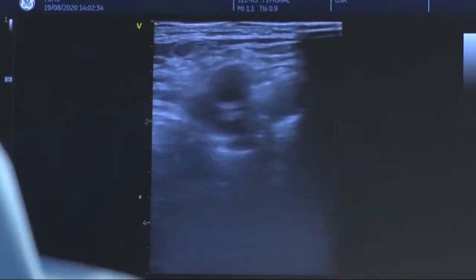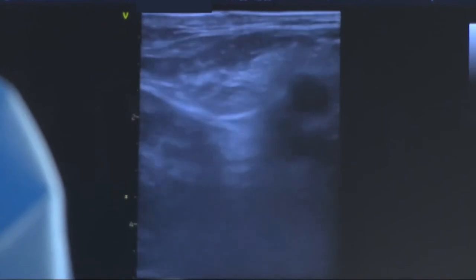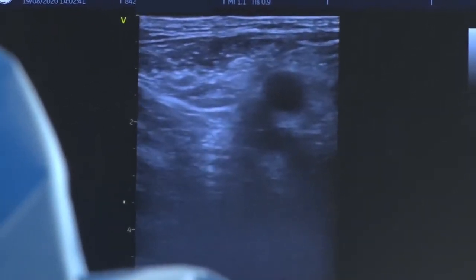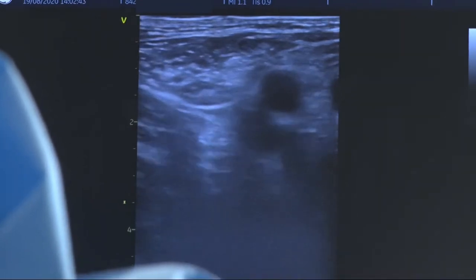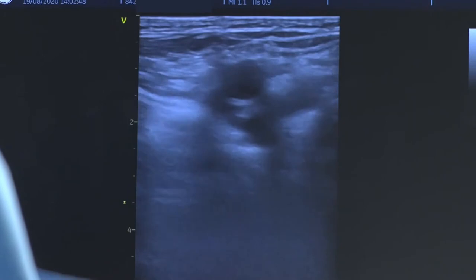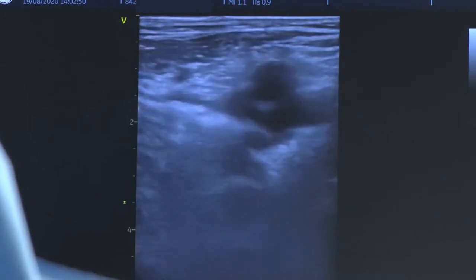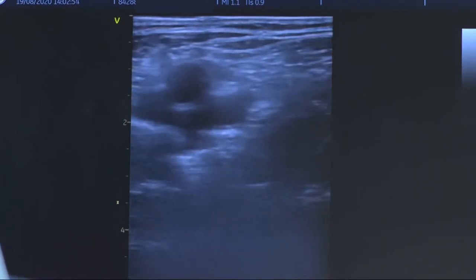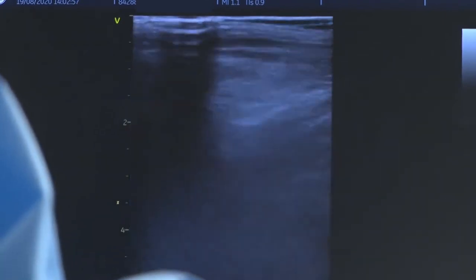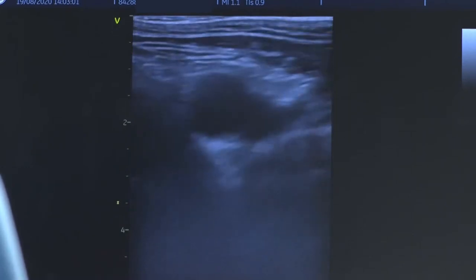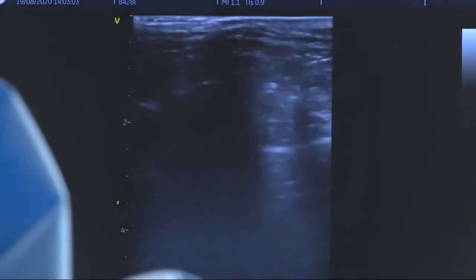Groin complication is not a fatal complication, but it is a very annoying and common complication. So try to reduce groin complications. We are using vascular sonogram when you do femoral vein puncture, and you can differentiate which one is the femoral artery and which one is the femoral vein by compressing the patient's groin area with the probe.